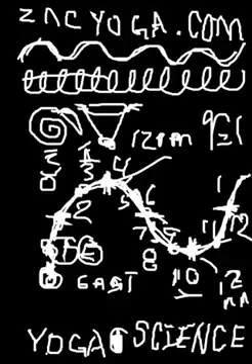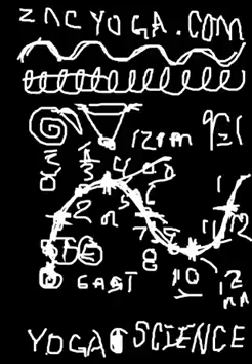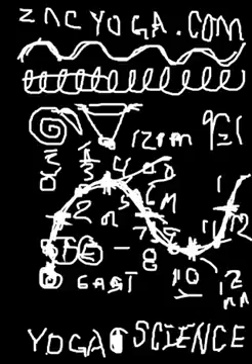And then the number 4 position would be Cancer over here. So we'll put the little Cancer glyph. And then the number 5 position would be Leo. And then the number 6 position would be Virgo. And then the number 7 position would be Libra, the scales. So the scales are right on the even point.